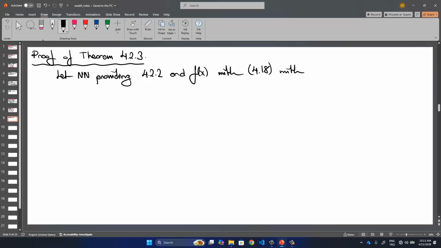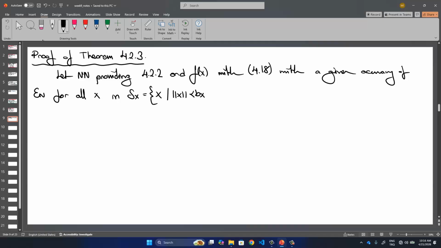With a given accuracy of epsilon N for all x in Sx, x smaller than Bx. These are conditions, okay?